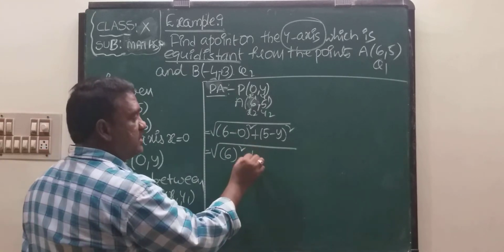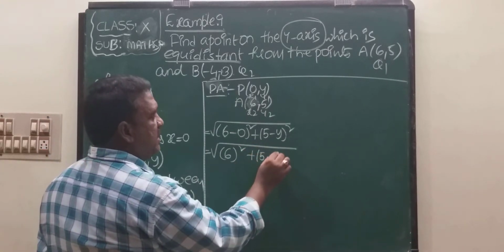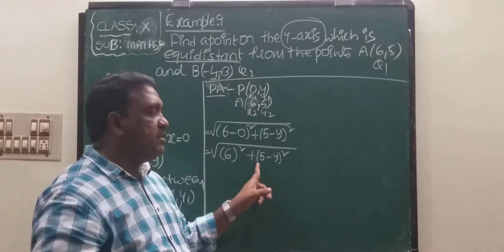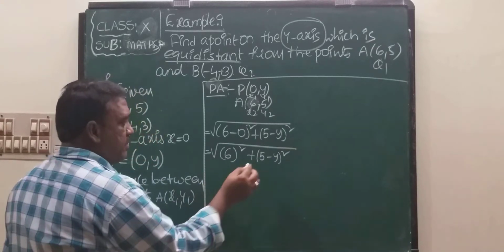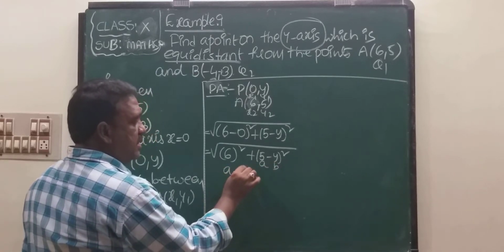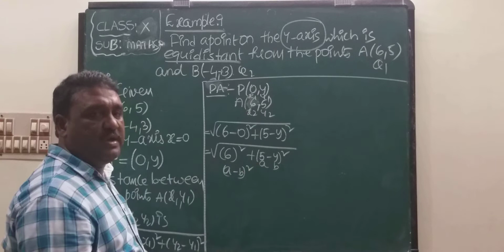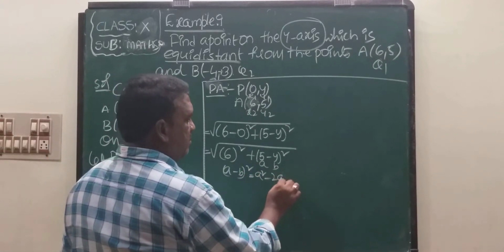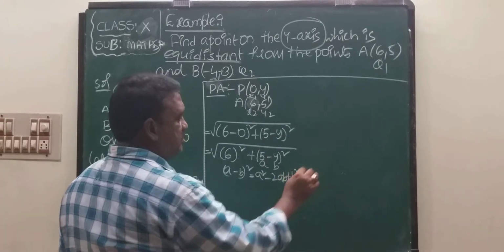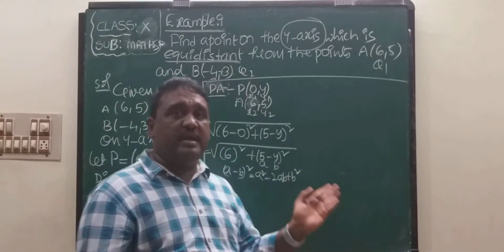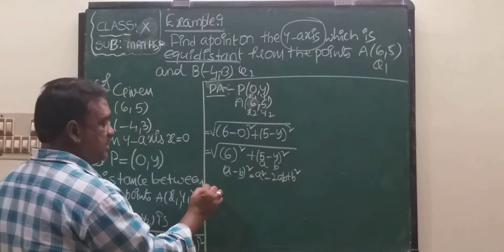Second one, (5 minus y) whole square. And this is in the form of (a minus b) whole square. What is (a minus b) whole square? a square minus 2ab plus b square.